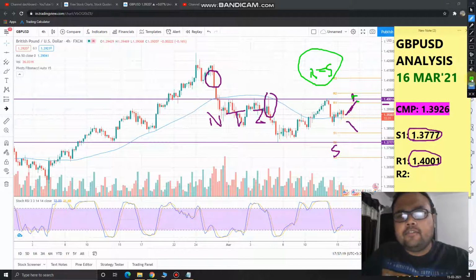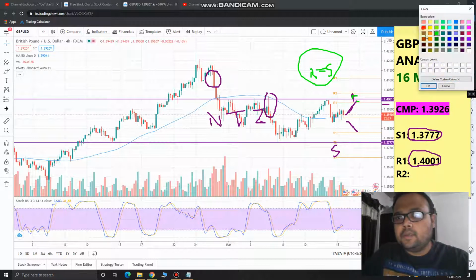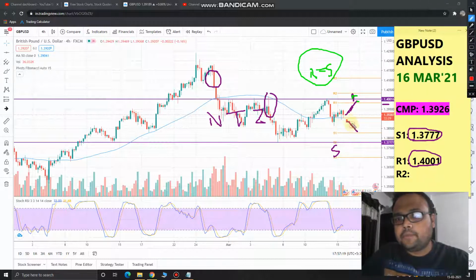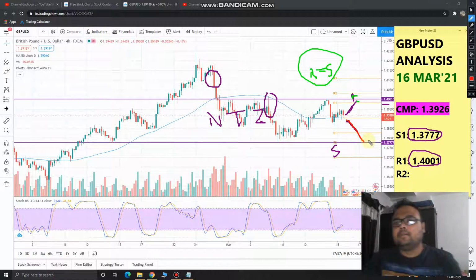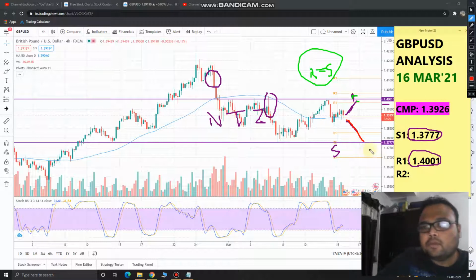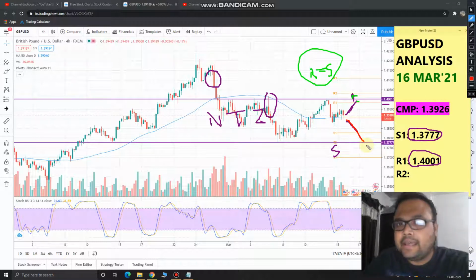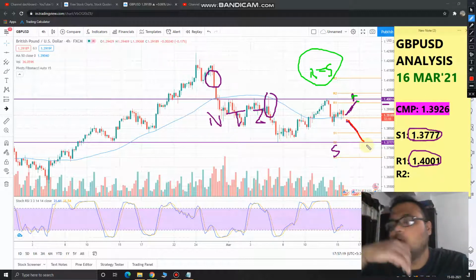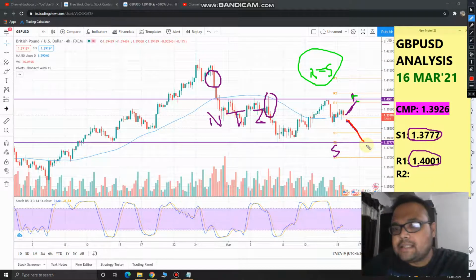And on the other hand, if market goes down from here, wait for the market to hit this support level. When market is at this level, again you just need to observe how the price reacts.